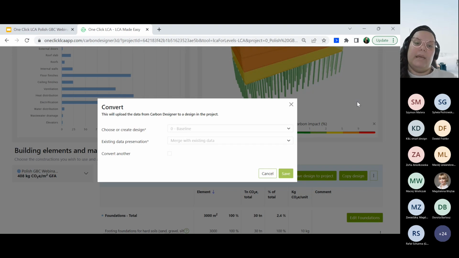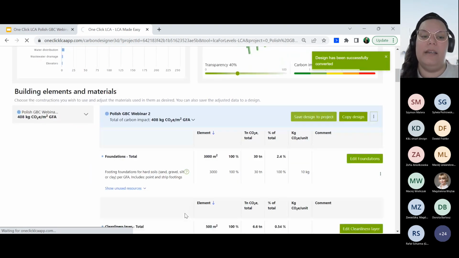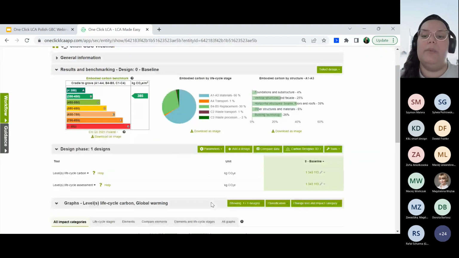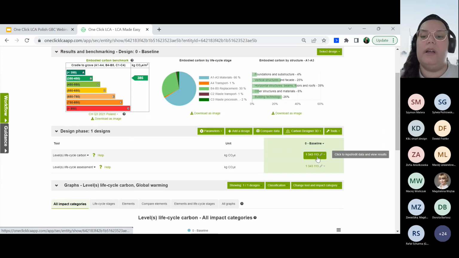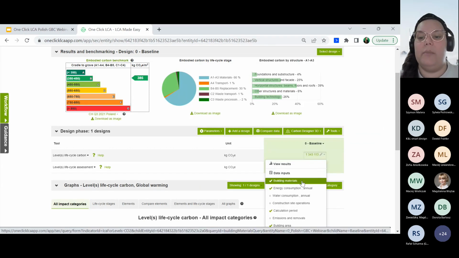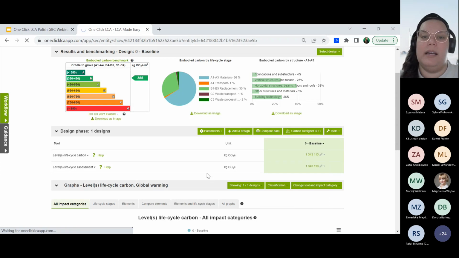So here it will be the same for me. And once I save, all the materials that have been in this design, in this list, will automatically be transferred to my building materials tab.